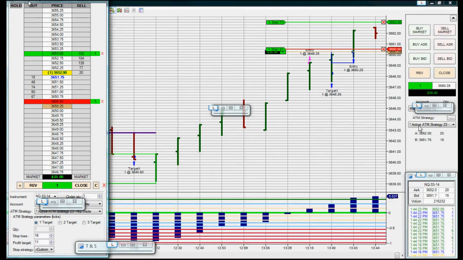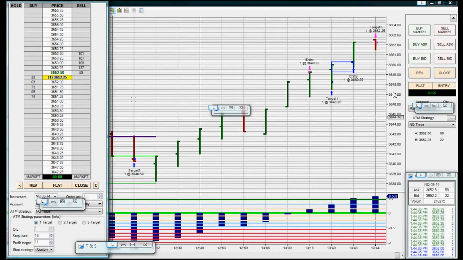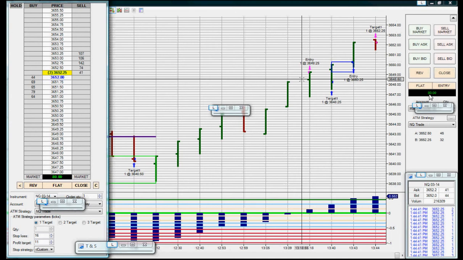I'm going for, I think I got 52.25. Yeah, I moved my profit down to just get filled so I can get it over with. So it's at $80. Profit minus $8, 8 trades.